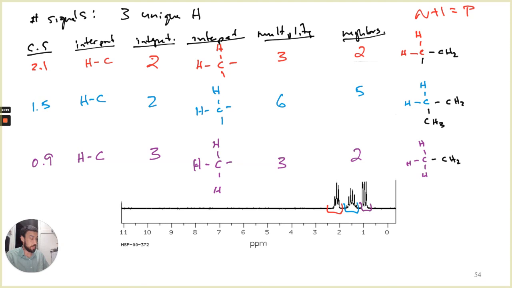So for instance, this could potentially be the purple, which would make this one the blue, which would make this one the red. So if we were to assemble that all together, we could foresee a structure along these lines.